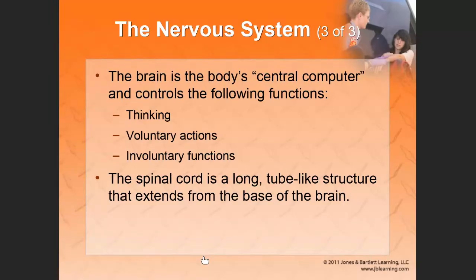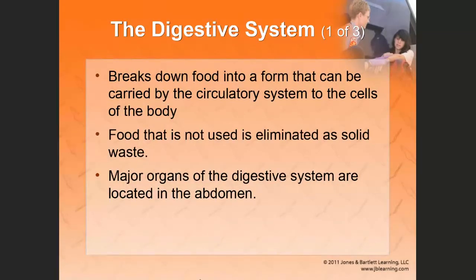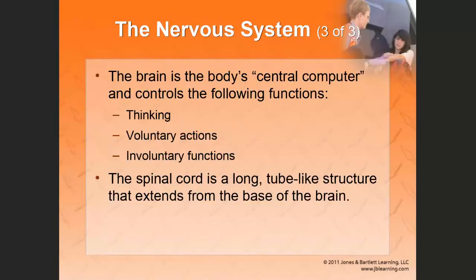And there is a section of the nervous system that deals with involuntary functions. The spinal cord is a long tube-like structure that extends from the base of the brain. And that's all you need to know on the nervous system. No need to get complicated.